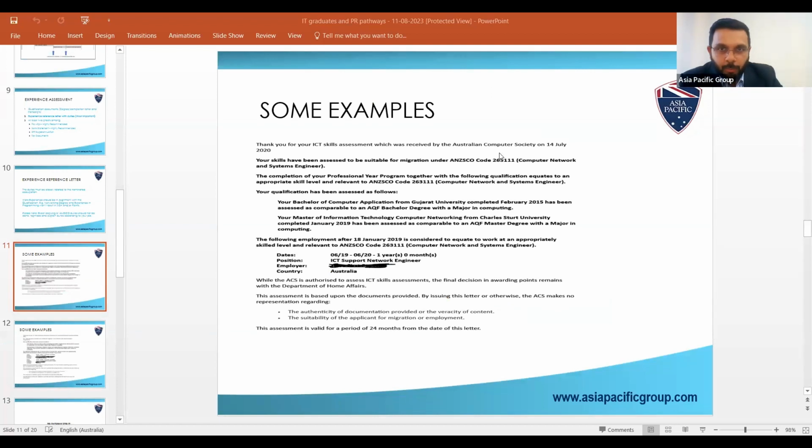Even the occupation is computer networking system engineer, level 1. But if you notice, his title is ICT support network engineer. So this is a support engineer role, so he should be getting ICT support engineer. But because his duties were correct, he got the assessment even with this title. So it all comes down to the duties: do you have the right duties or not?